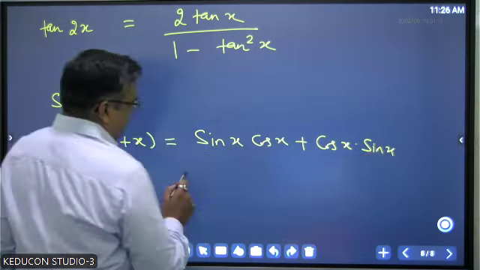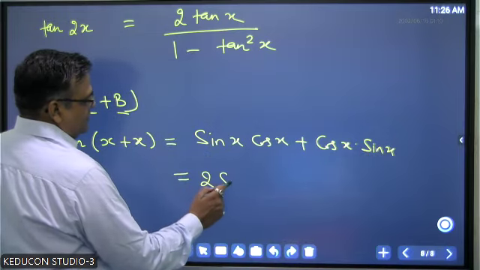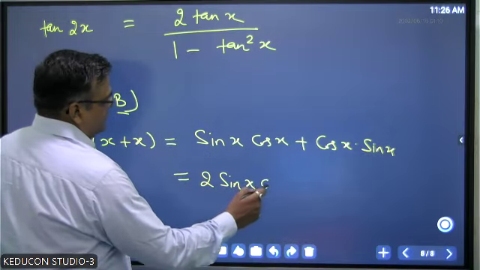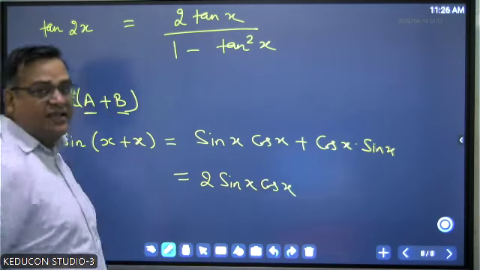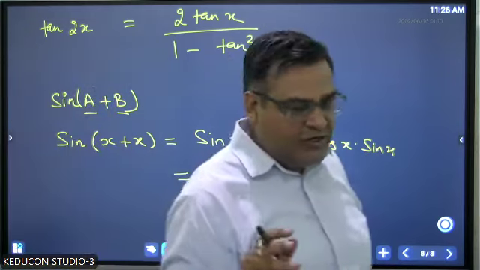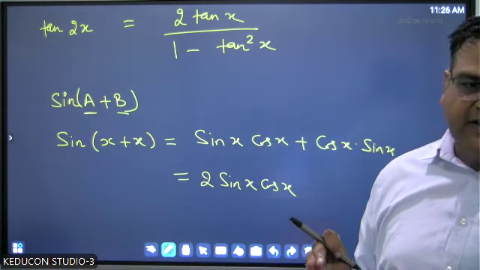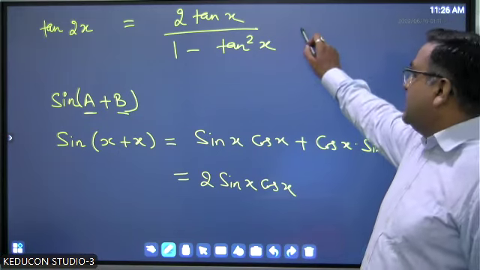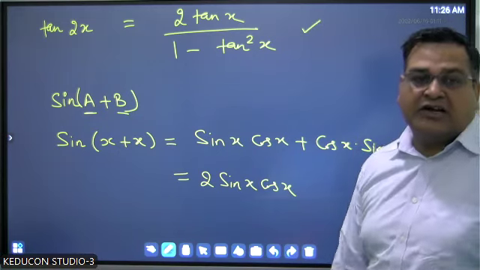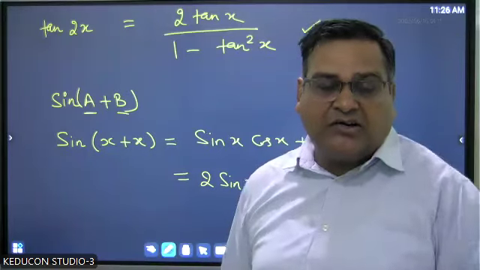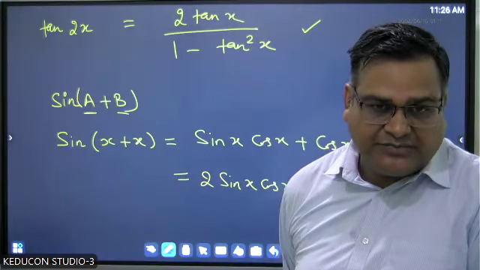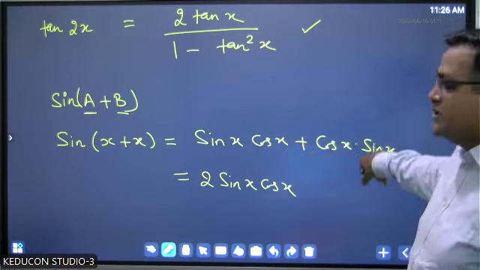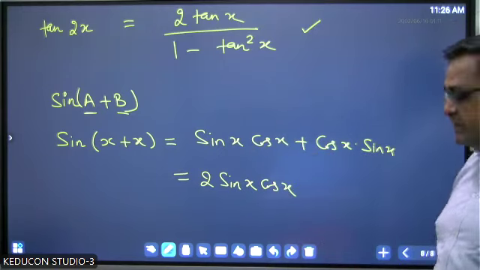So when you add them, all these formulas have come from those 3 formulas, sine a plus b, cos a plus b and tan a plus b. So these multiple angle formulas are the product of a plus b formulas, right? So these formulas you can derive from the a plus b formulas.